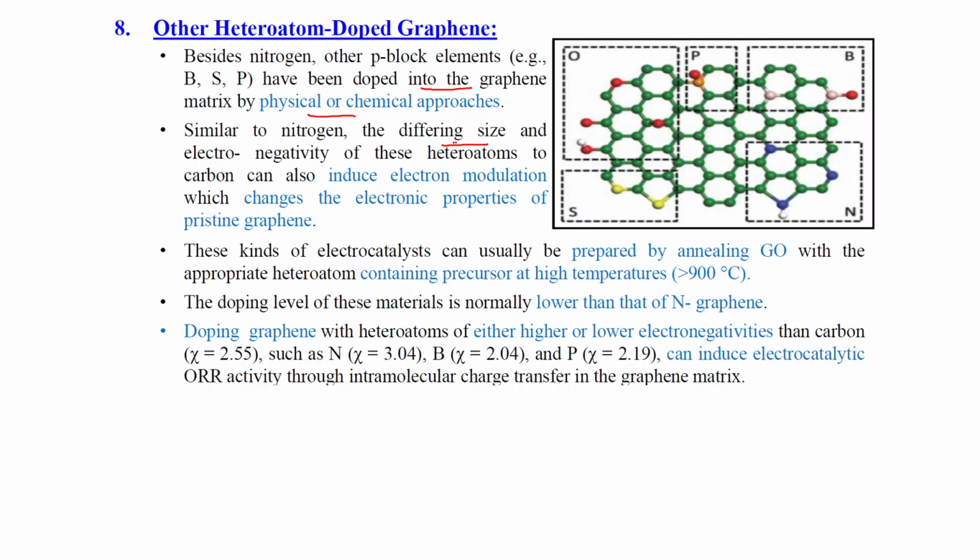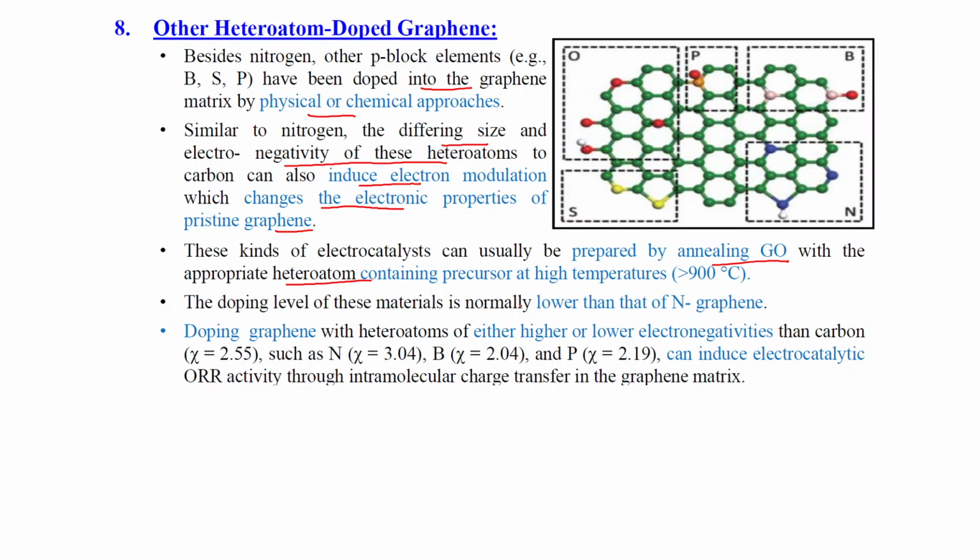Similar to nitrogen, the different size and electronegativity of these heteroatoms can also induce electron modulation and change the electronic properties of pristine graphene. These kinds of electrocatalysts can usually be prepared by annealing graphene oxide with an appropriate heteroatom containing precursor at high temperature.